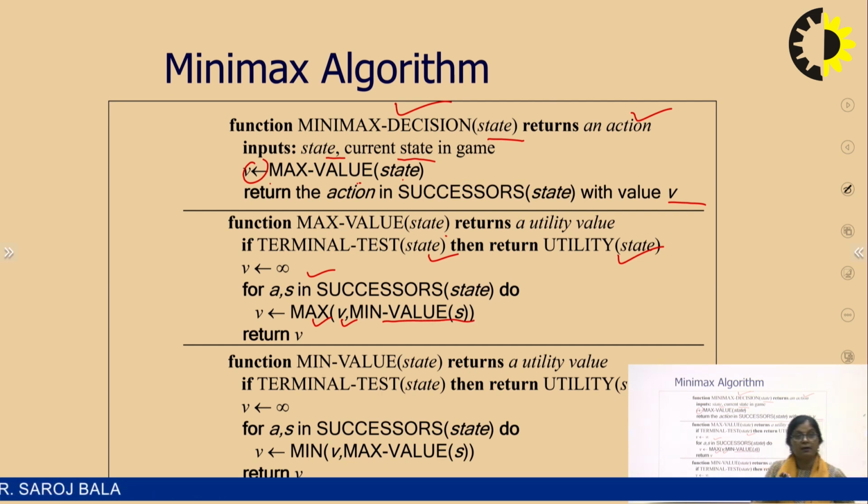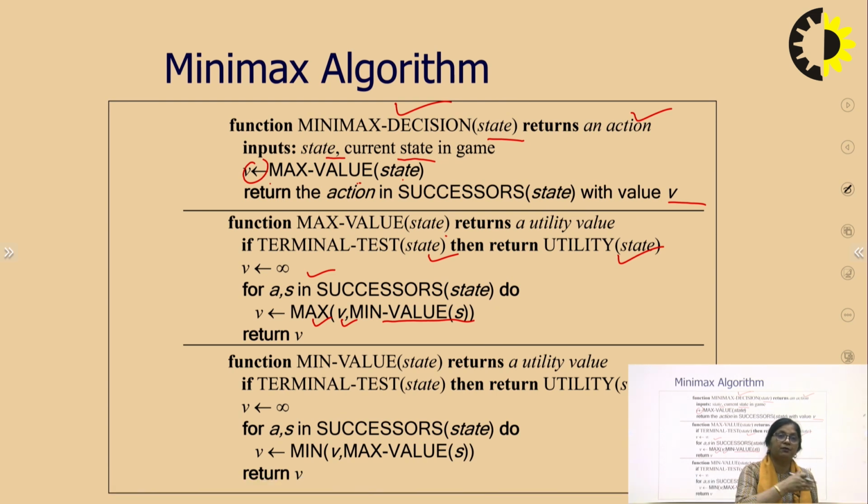It means here min will work. For this current state, what will be the min value? Min will calculate the minimum among the successors. Okay, so the successors' min value will be calculated. How is the min value calculated? By considering the min of V. V is our infinity here, and the max values of S, because what is running below min, that is max.